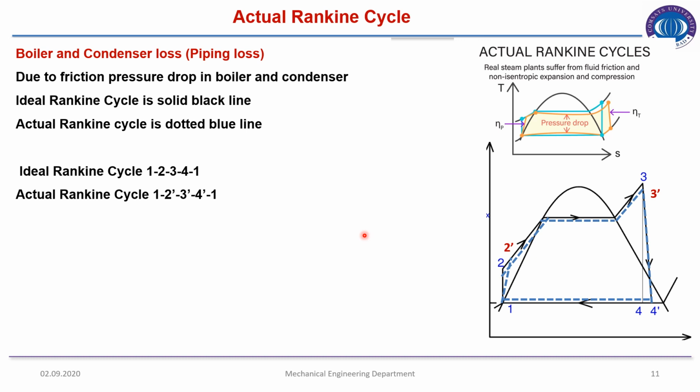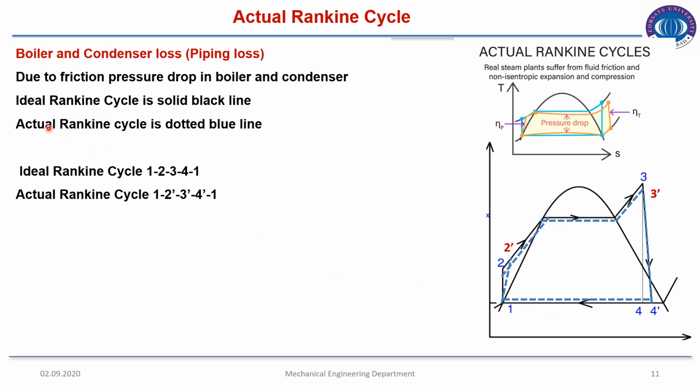So now the third loss, that is the boiler and condenser loss, is due to the piping. Due to the friction, pressure drop in the boiler and condenser occurs. If we represent the ideal and actual Rankine cycle on the TS diagram, you can see that there is one solid line in black color, and one dotted line in blue color.